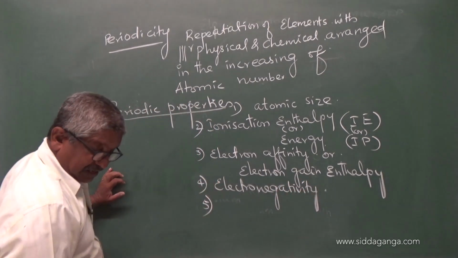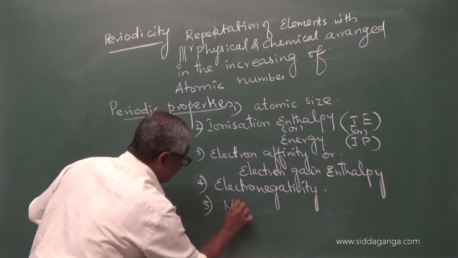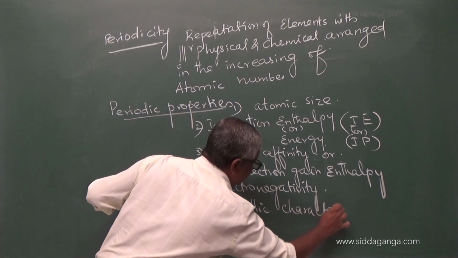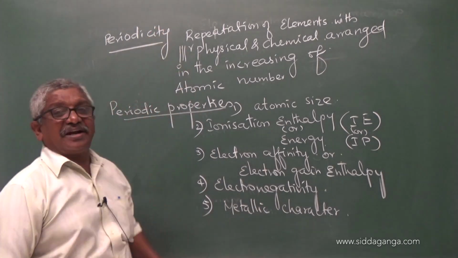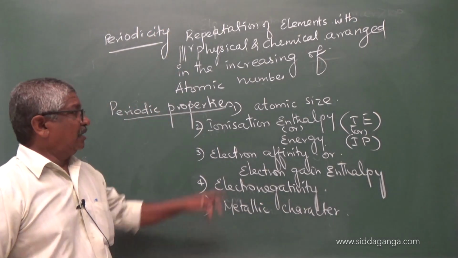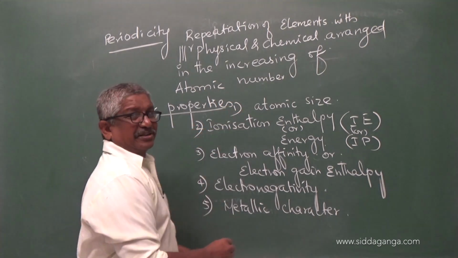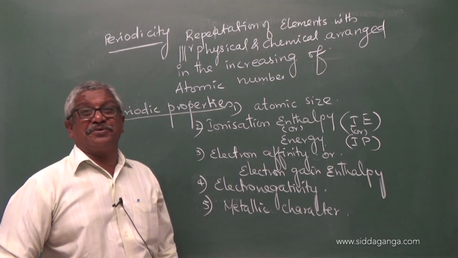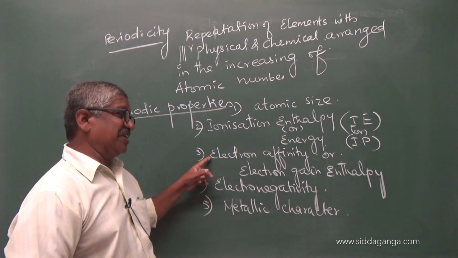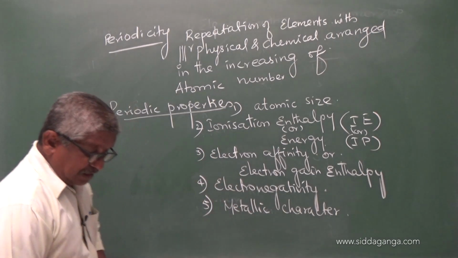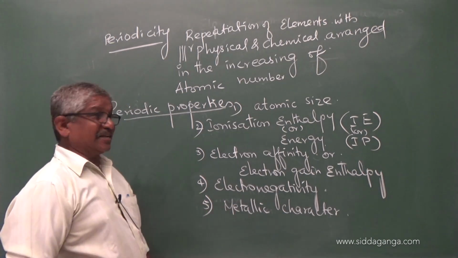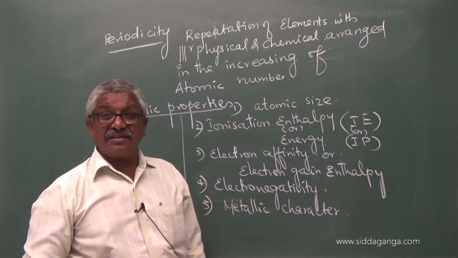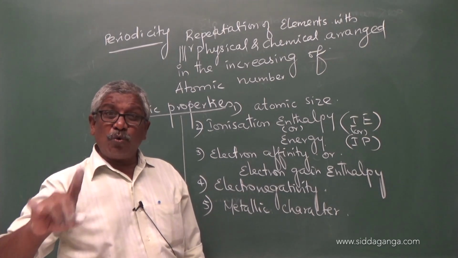And the last is metallic character. So now, the periodic properties: atomic size or atomic radius; ionization enthalpy, ionization energy or ionization potential; electron affinity or electron gain enthalpy; electronegativity and metallic character. These are the periodic properties. We will be studying them one by one.